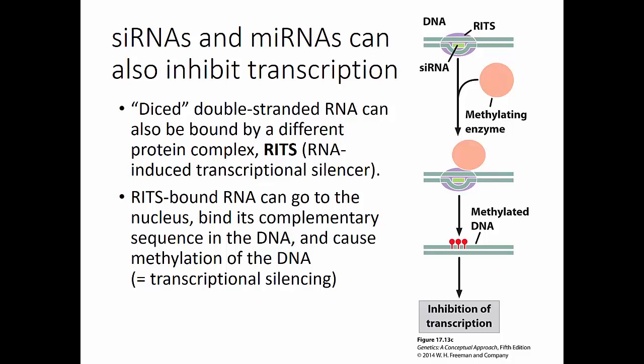So this involves a whole separate complex called RITS. RITS stands for RNA-induced transcriptional silencer. And RITS binds to these siRNAs or microRNAs and goes to the nucleus and finds a similar sequence in the genome. Once it finds that similar sequence, this RITS complex will methylate that region of the DNA and thus inhibit its transcription epigenetically.